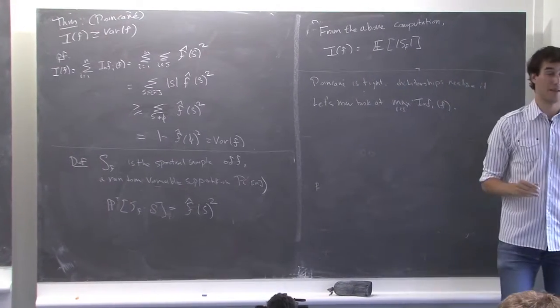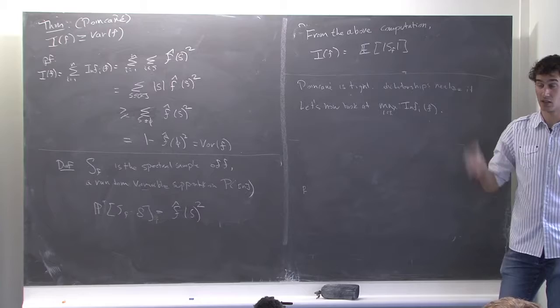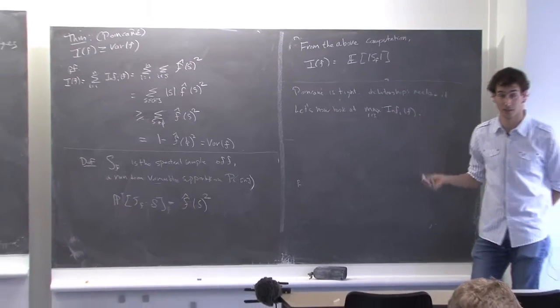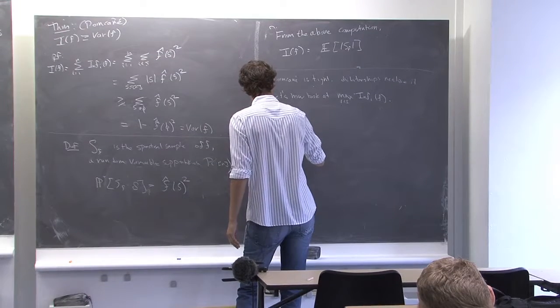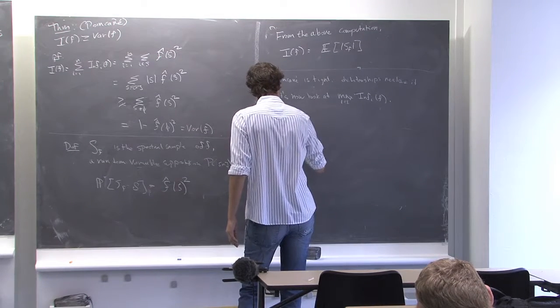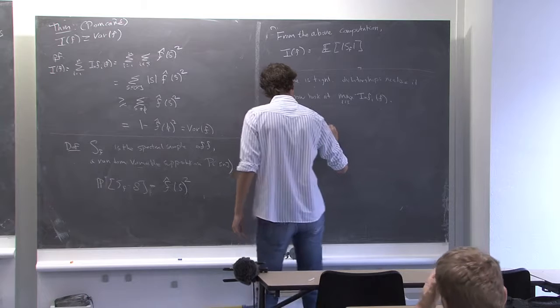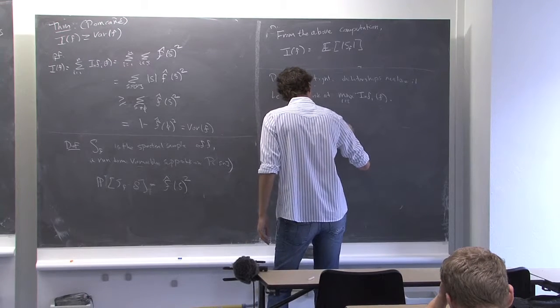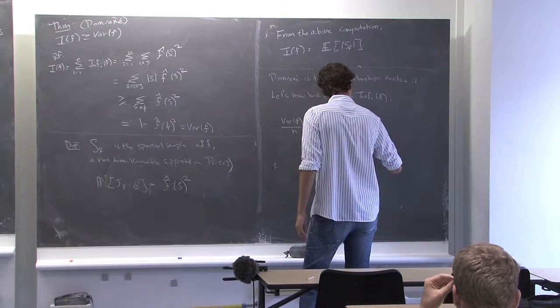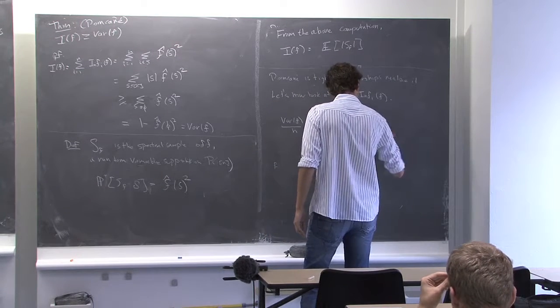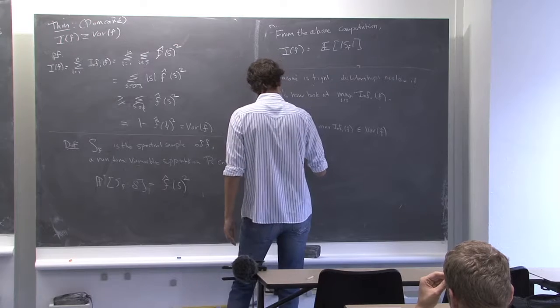Let's now look at the maximum influence instead of the total influence. That is the largest guy of all the possibilities. This is Poincare.